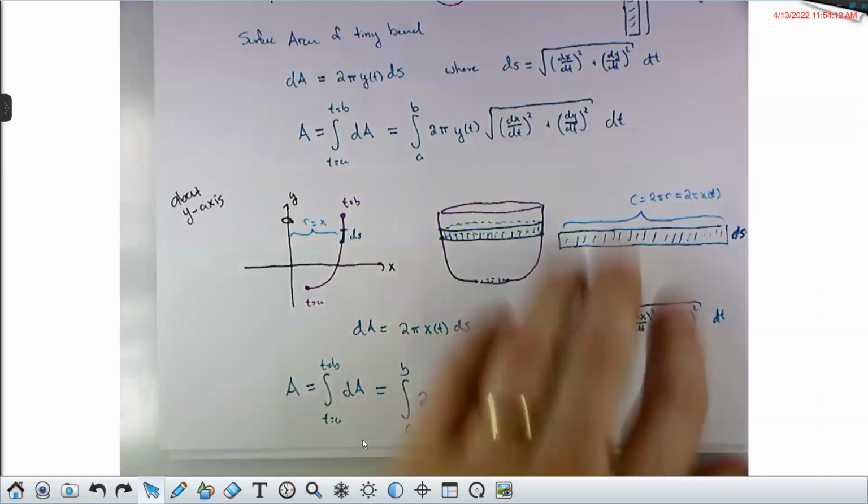Okay. So in summary, here's how I remember the surface area formula.